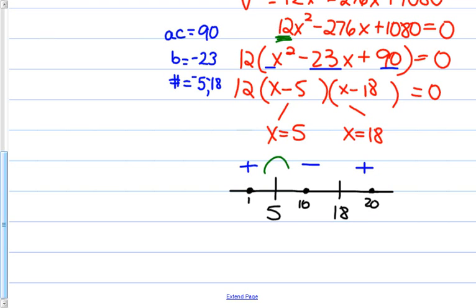Plus minus, that's a maximum. Minus plus, that's a minimum. So max, min. I was supposed to maximize the volume, so x equals 5 will do that. The 18 will not. I was also supposed to find the dimensions of my box.